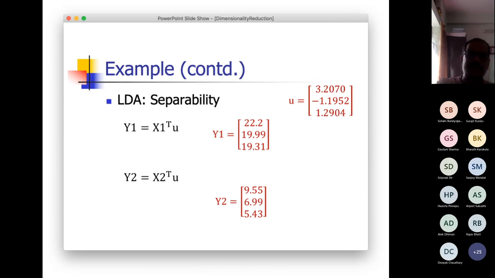You see that along this direction u, y1 lies between 19.31 and 22.2, and y2 lies between 5.43 and 9.55. So there are two distinct intervals on which these data points lie, and they are well separated. You can just observe this from this particular result.